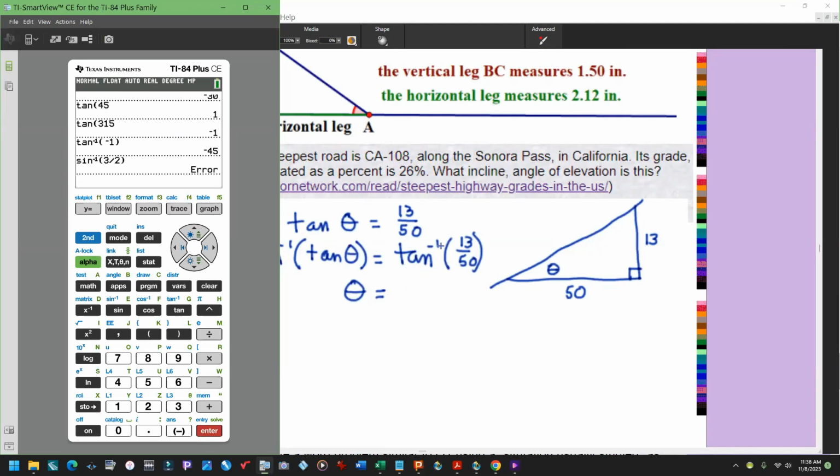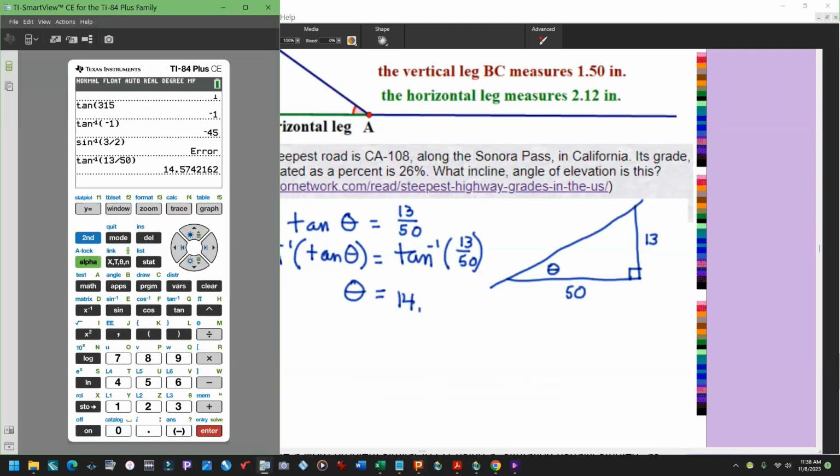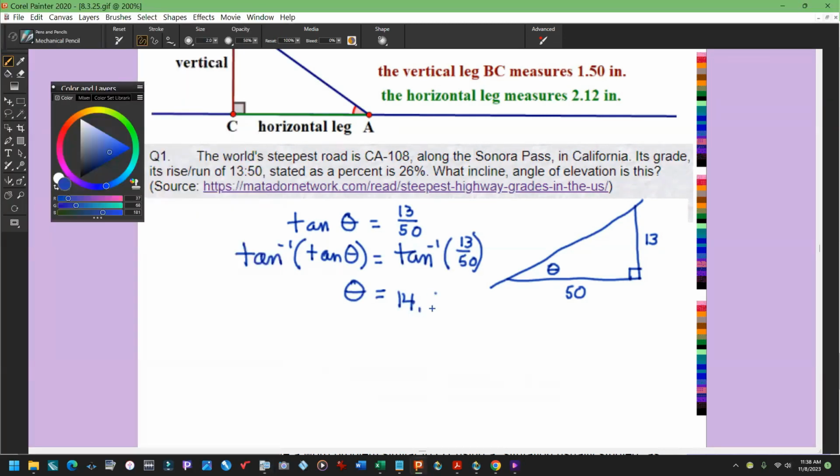We want the arctan of 13 over 50. We get 14.57 degrees.